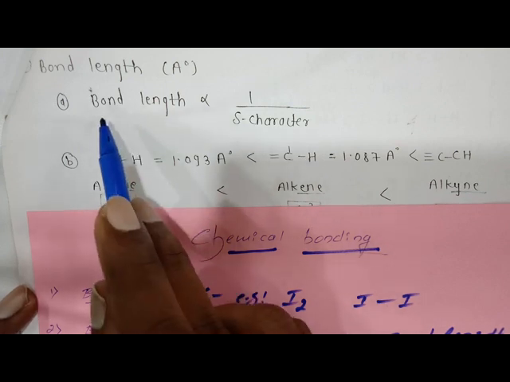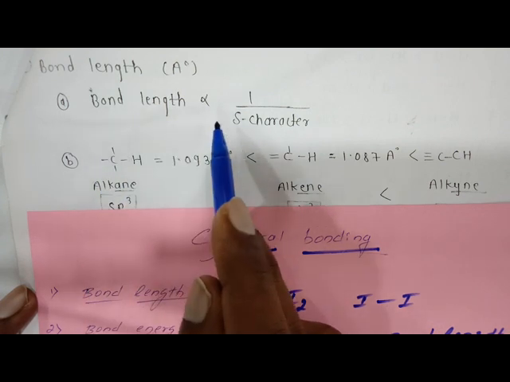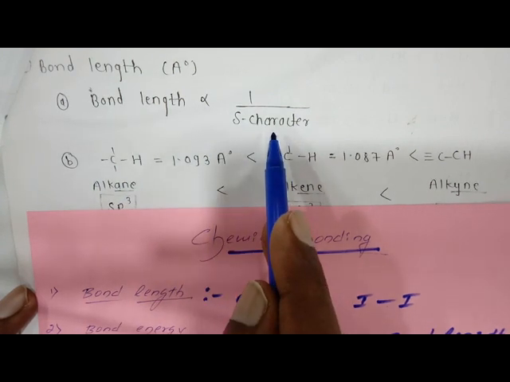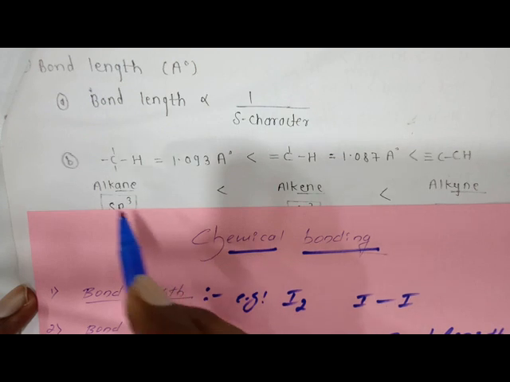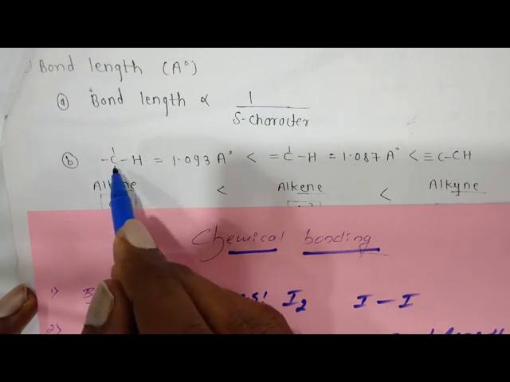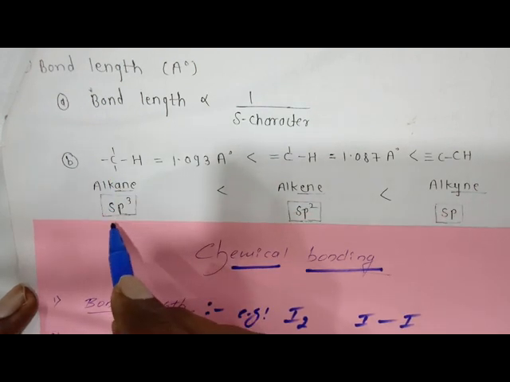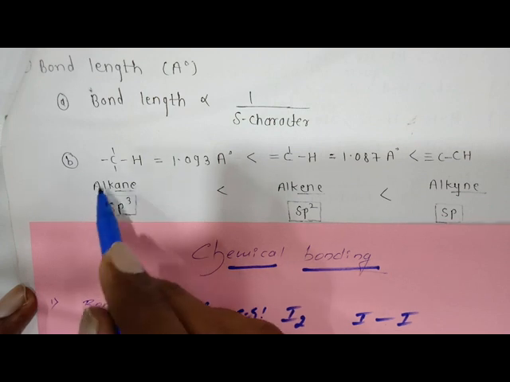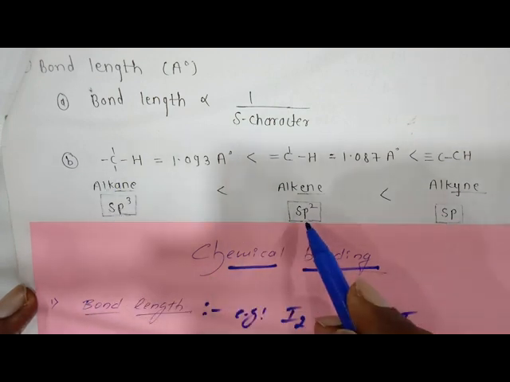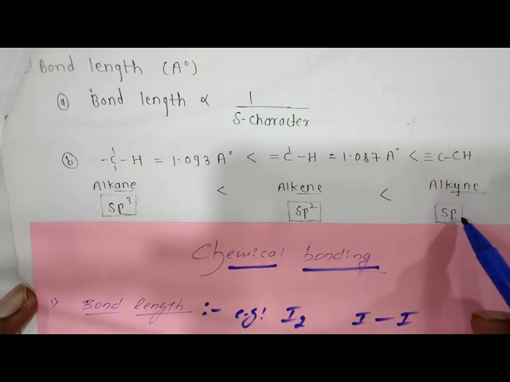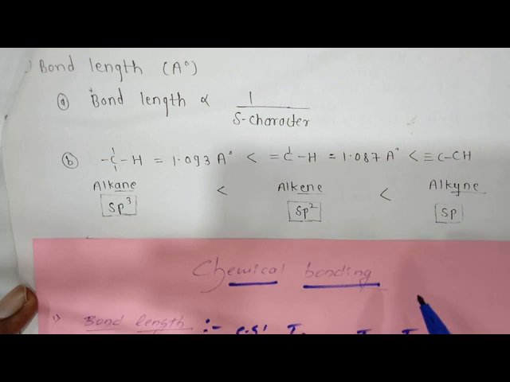We already said bond length is inversely proportional to S character. In this case, alkane has sp3 hybridization, alkenes are sp2, and alkynes are sp hybridization. Now just find out the percentage of S character in each case.